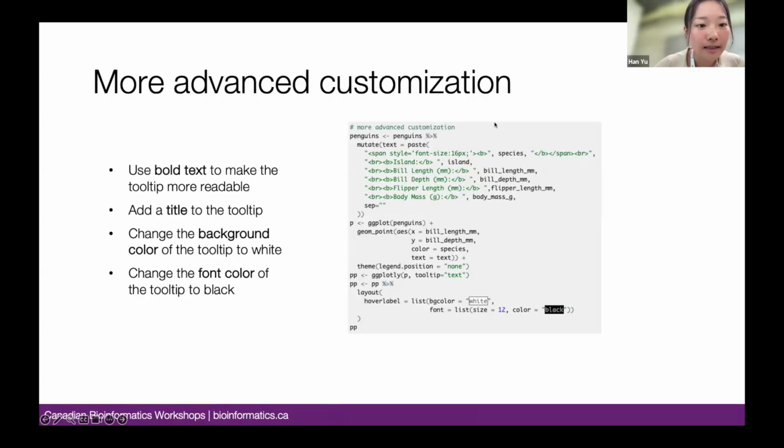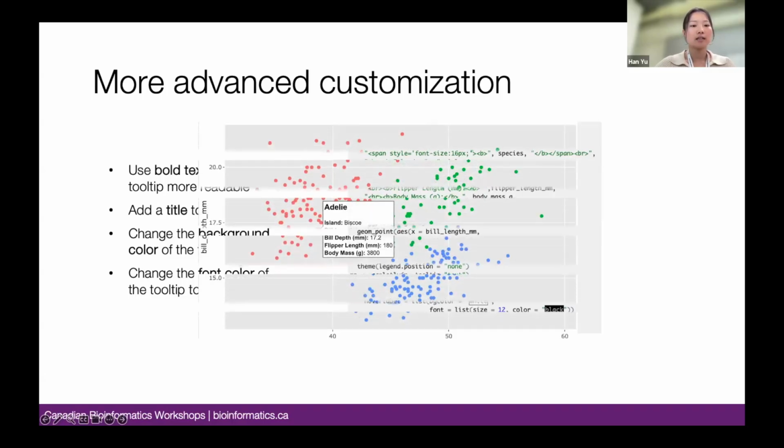Then with the layout function, we can modify the tooltip's background color. Here we change the background color to white, the font size to 12, and the color of the text to black. So with ggplotly, we have moved our plot from a basic scatter plot to a fully interactive, customized visualization, allowing users to explore and extract insights interactively.